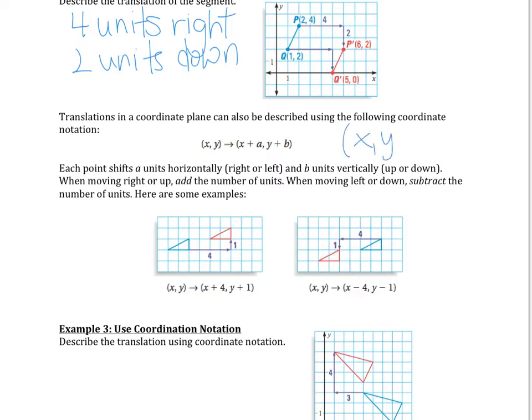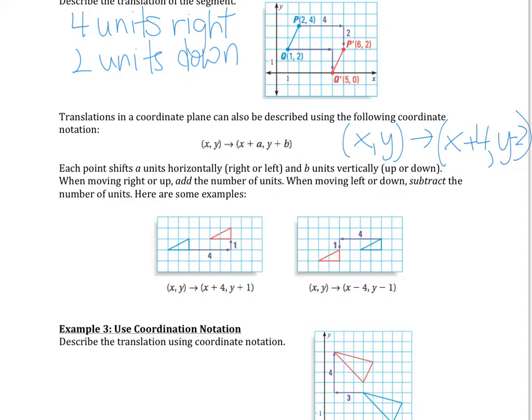So we're saying the original point x, y is being translated. It is moving to the right, 4 units. And then up and down is the y. Since it's moving down, I would subtract 2 units.